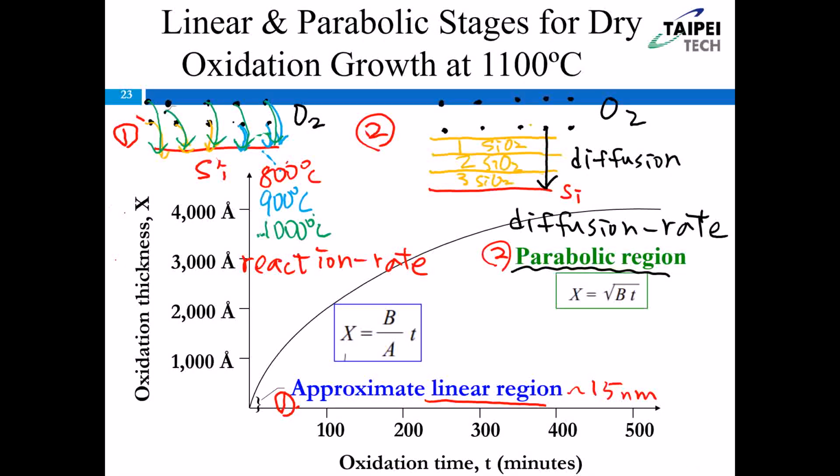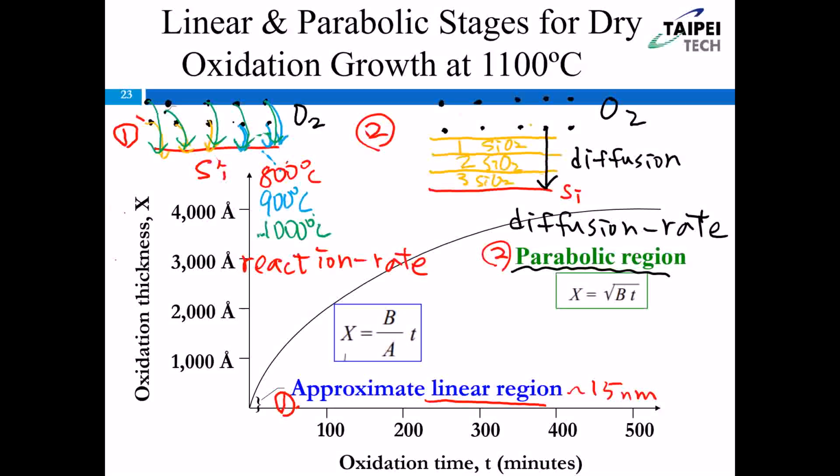We don't have enough oxygen because oxygen is not near the silicon surface. Oxygen is outside the oxide, okay?